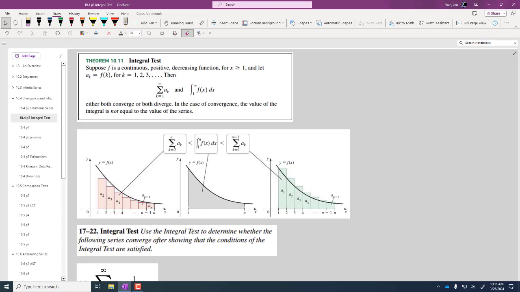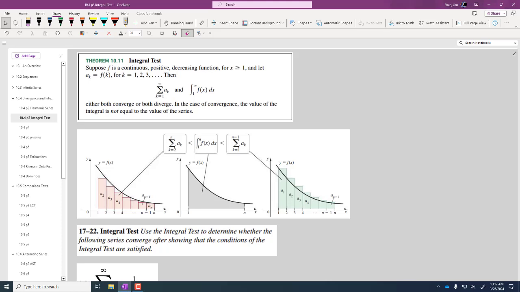So if we visualize this sequence, the A sub k sequence, as a subset of this continuous function f of x, that's what we're thinking, just like we just did with the harmonic. So f is the continuous function. It's positive, meaning it's above the x-axis.